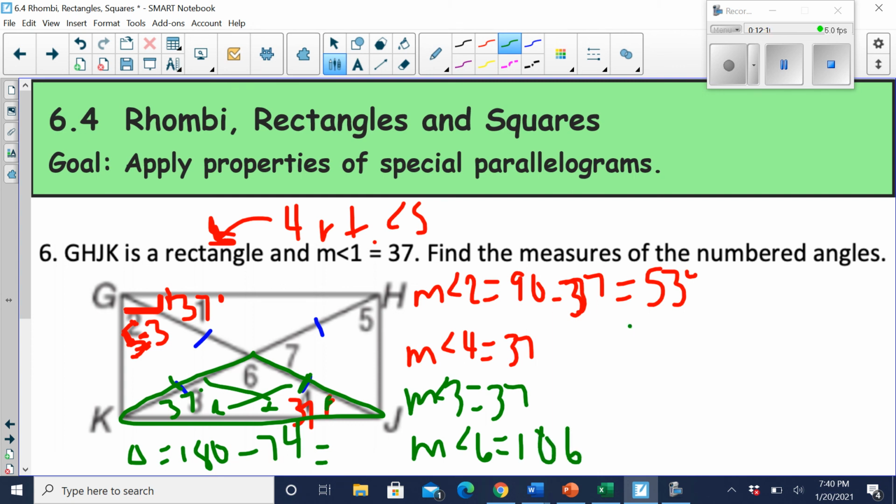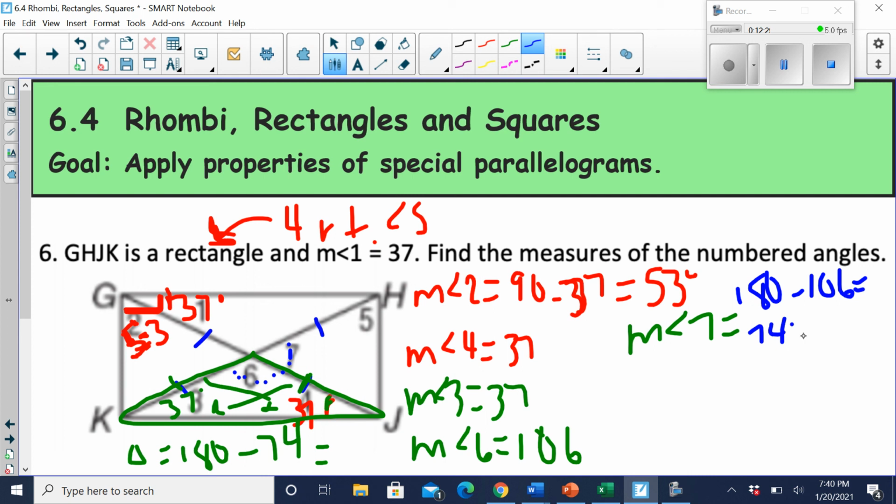Okay? I could get to the measure of angle 7. Angle 6 and angle 7 together, from one side of the line to the other, are a linear pair. They have to equal 180. So if I take 180 and subtract 106, I'm going to be left with 74 degrees for angle 7.